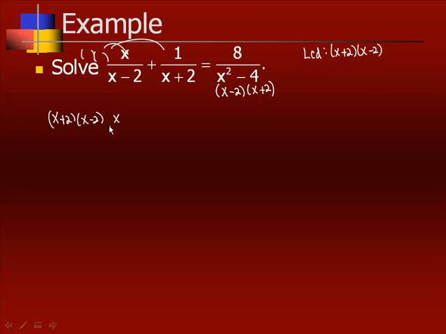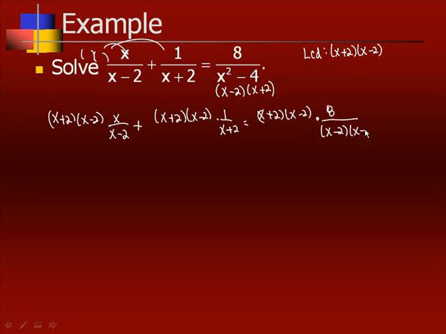So we get (x + 2)(x - 2) times the first term, plus (x + 2)(x - 2) times the second term, equals (x + 2)(x - 2) times the third term.